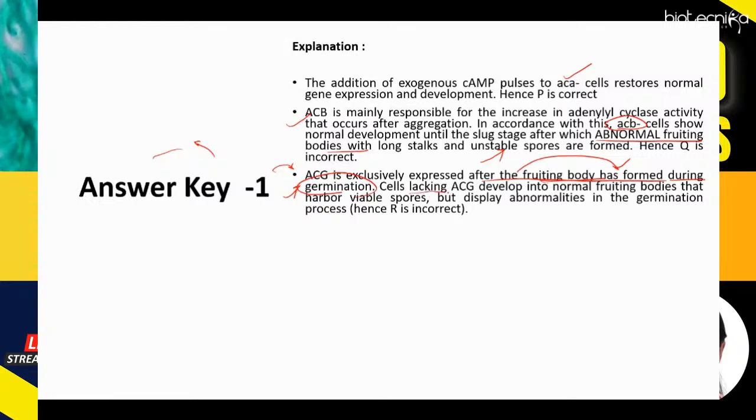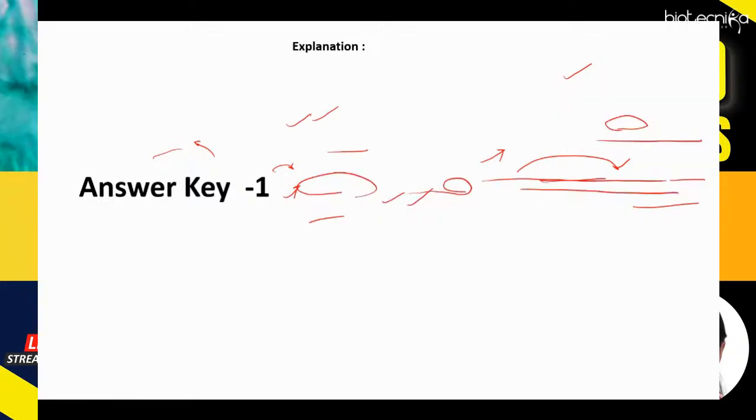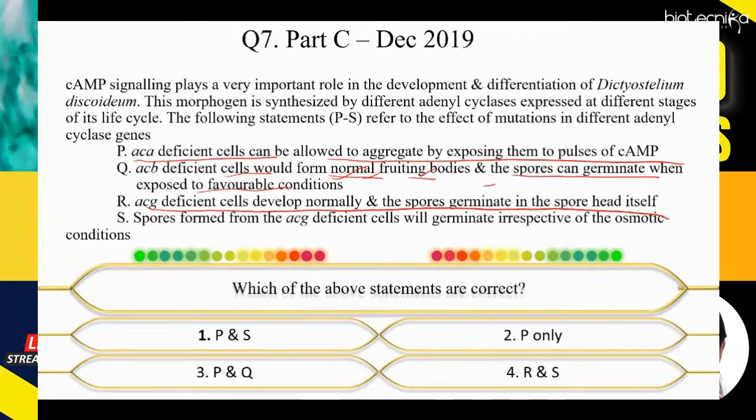Cells lacking ACG develop into normal fruiting bodies, because fruiting body formation was a function of ACB. So even if the cells don't have ACG, fruiting bodies will still form. They will also have viable spores, but the germination part won't happen properly, because ACG is not there to control it, so they won't know when to germinate. So that's why R is also wrong, Q is also wrong.